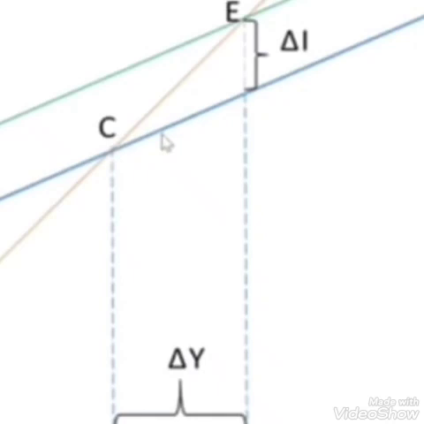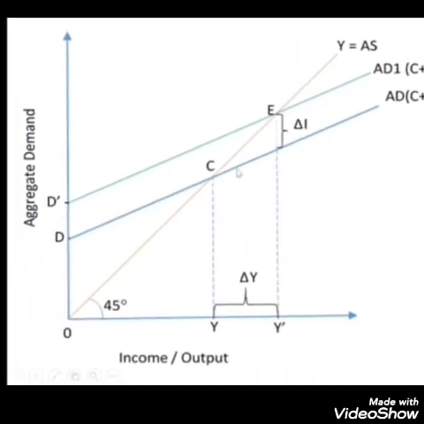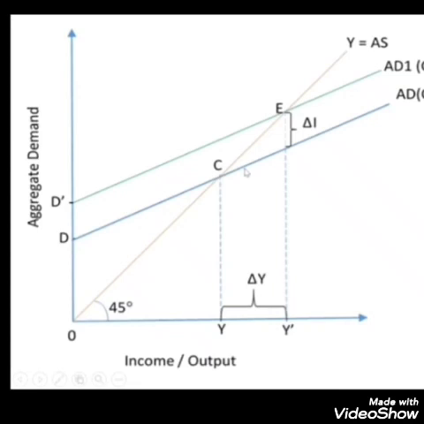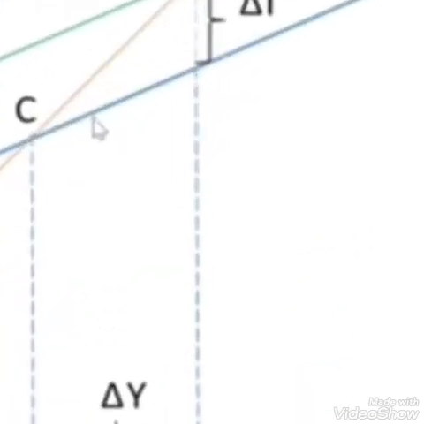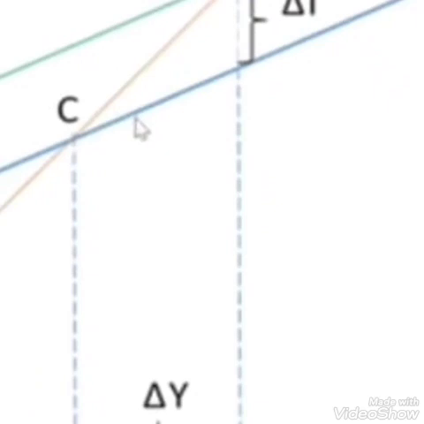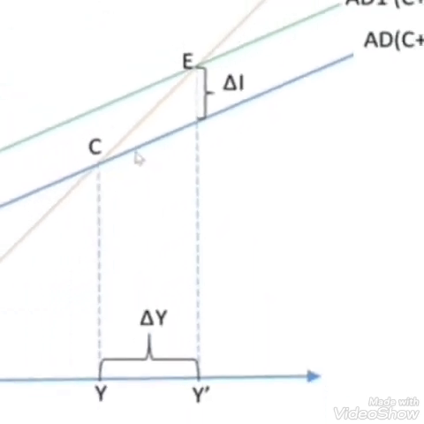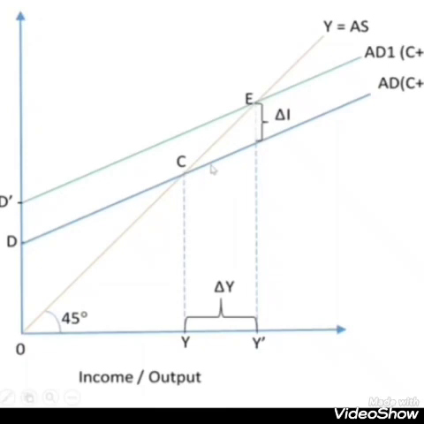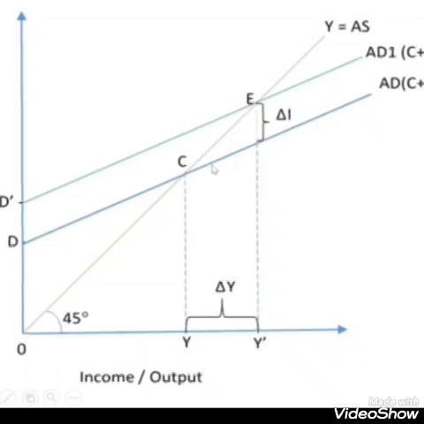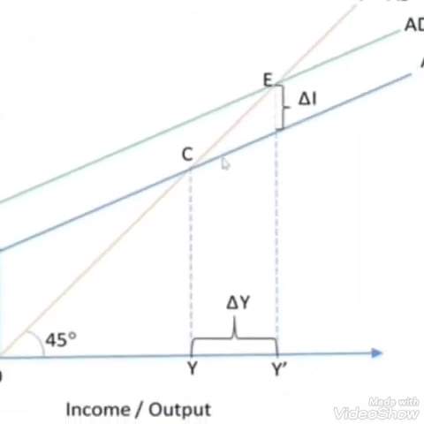The blue line indicates the aggregate demand curve, AD, that is C plus I. Both of them are intersecting each other at point E, that means the equilibrium point. So 0 to Y will be the equilibrium income line.